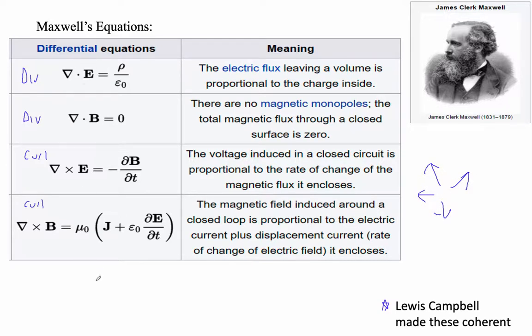Remember how we said that the electric field is kQ over r squared or something like that? If we have a charge here, the electric field comes out like that. Well, this is it. The divergence of it is that the electric flux leaving a volume is proportional to the charge inside that volume. The electric flux, of course, would be the electric field times the area.